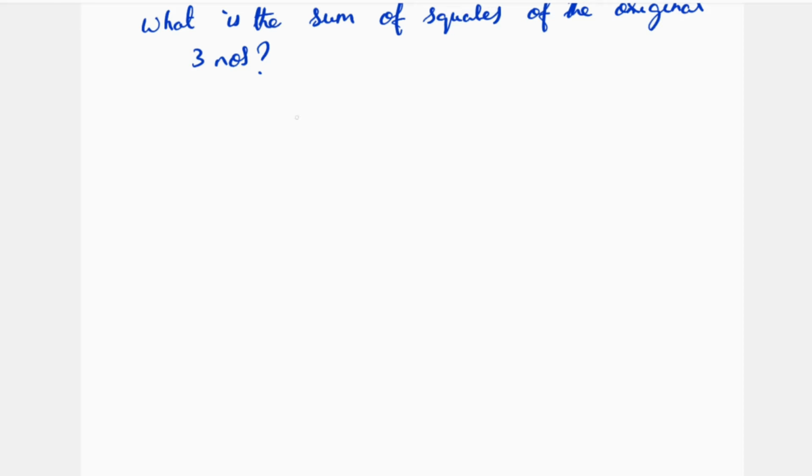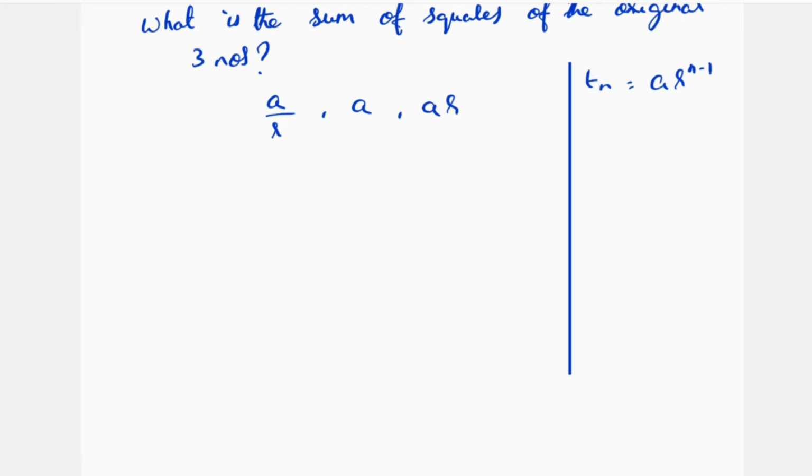Let us see here. I am going to take the first number as a divided by r, the second number as a, and the third number as ar. Since the numbers are given to be in geometric progression, we know that Tn in a geometric progression is given by a multiplied by common ratio whole power n minus 1.